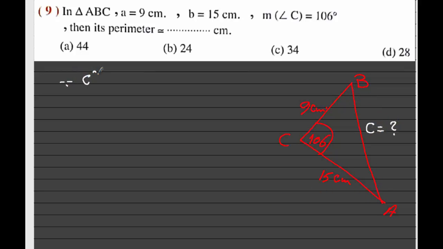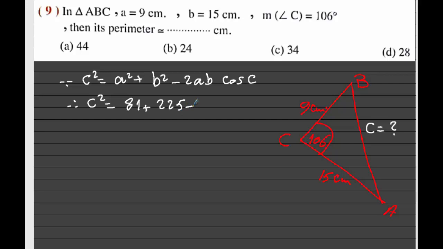Since C power 2 equals A power 2 plus B power 2 minus 2AB cosine C, then C square equals A square 81 plus B square 225 minus 2 multiply A, 9, multiply B of length 15 cosine 106.